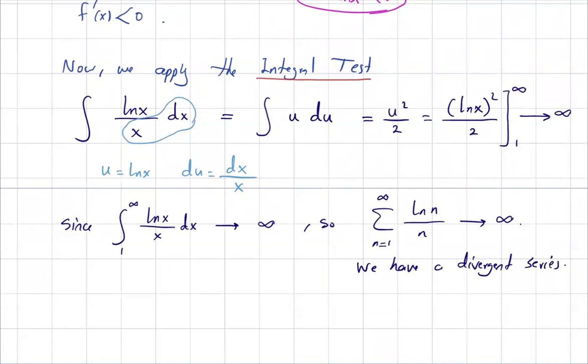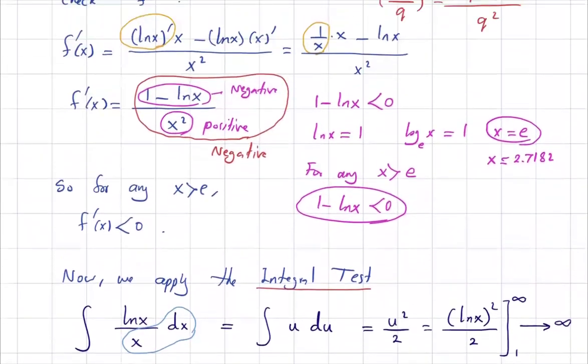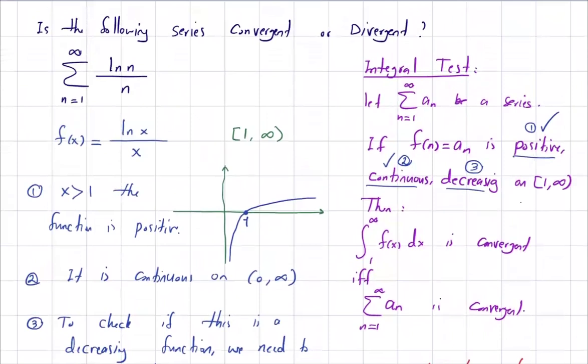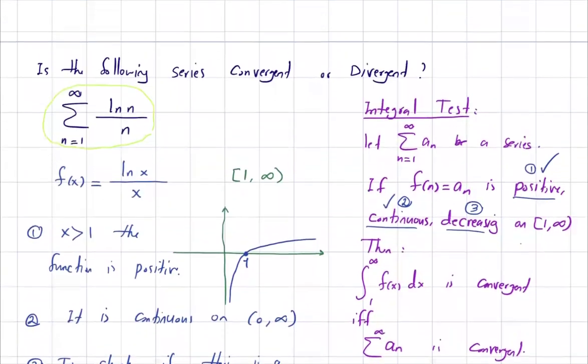So let's recap what we did. Here we have the series, the summation of ln of n divided by n from 1 to infinity. Can we apply the integral test? To apply it, we need to check whether the function that is the same as our general term satisfies the following conditions: is it positive, is it continuous, is it decreasing on the interval 1 to infinity?